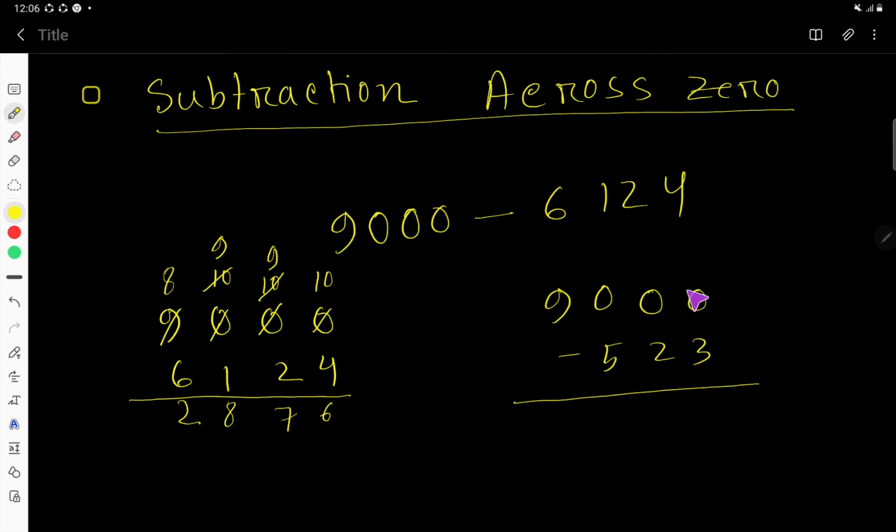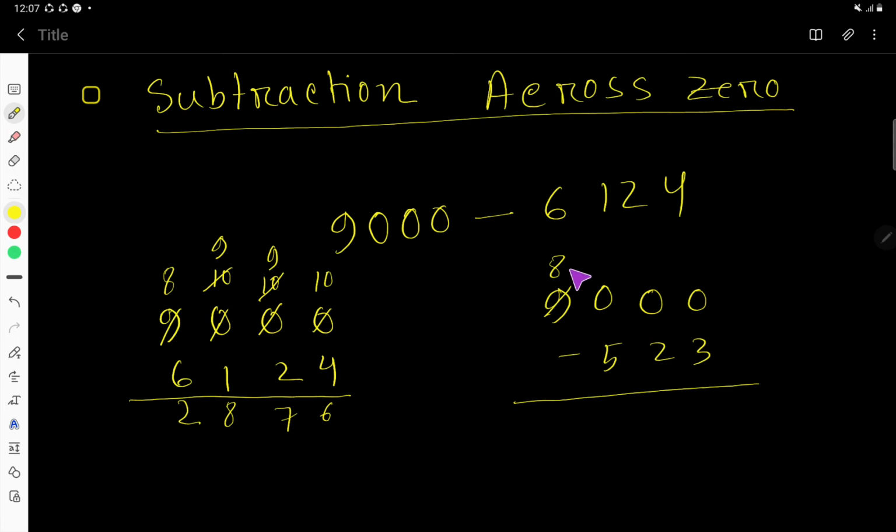So you have to borrow from your next door. Here 3, here 0, so you cannot subtract. So you have to borrow from here, but you are also getting 0. So borrow from here. You are also getting 0. So let's borrow from the 1000s column. So 9000 becomes 8.